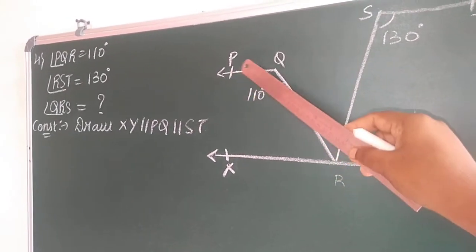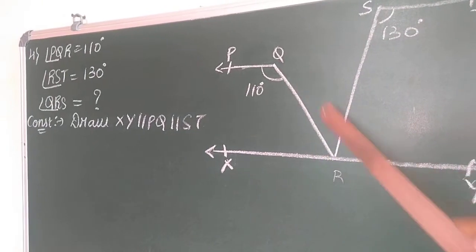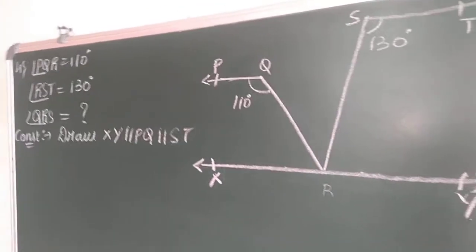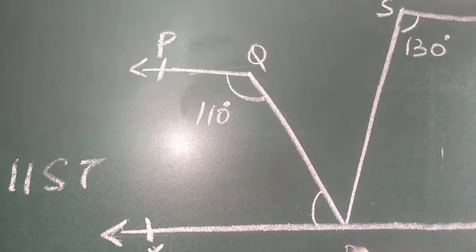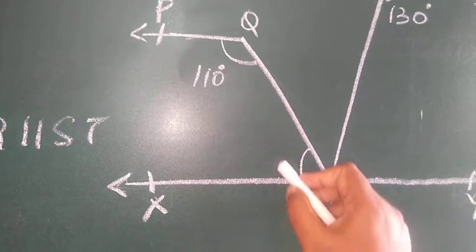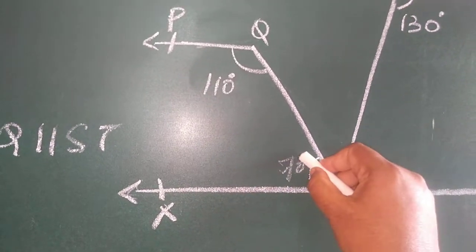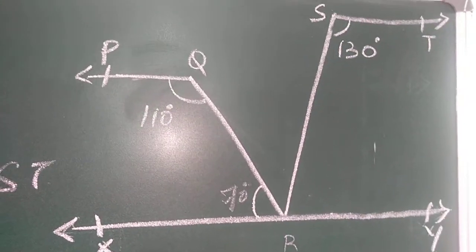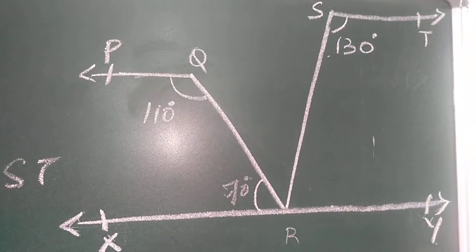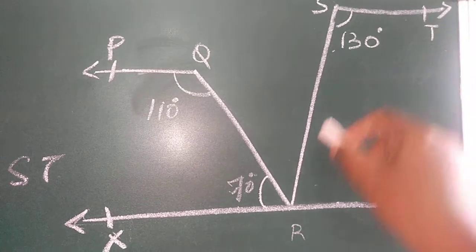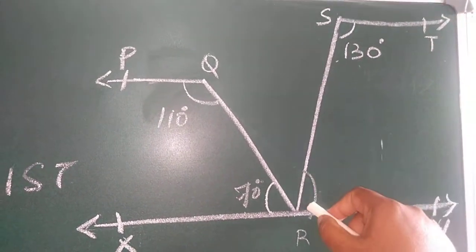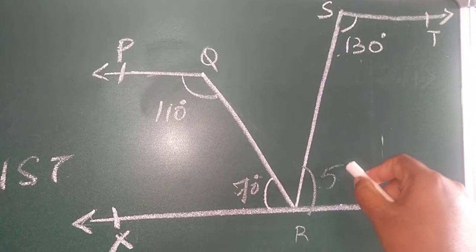Then I will get QRX as 180 degrees minus 110 degrees. Okay children, when QR is a transversal, 180 degrees minus 110 degrees is 70 degrees. Is it clear, children? Then coming to this side, ST is parallel to XY, then SR is a transversal, that means these two angles are supplementary. 180 minus 130 degrees is 50 degrees.